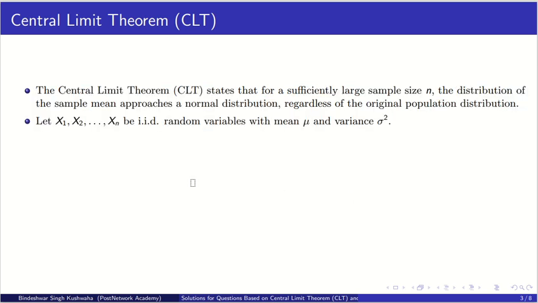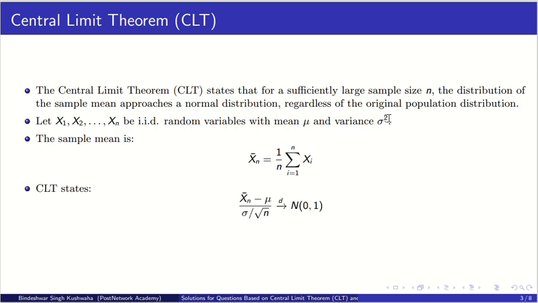Now again x1, x2 are independent and identically distributed random variables having mean mu and variance sigma square. For the sample mean, we just add all the observations and divide by the number of observations. So the central limit theorem states that the mean of those observations will follow the standard normal distribution, converging in distribution for a large n.